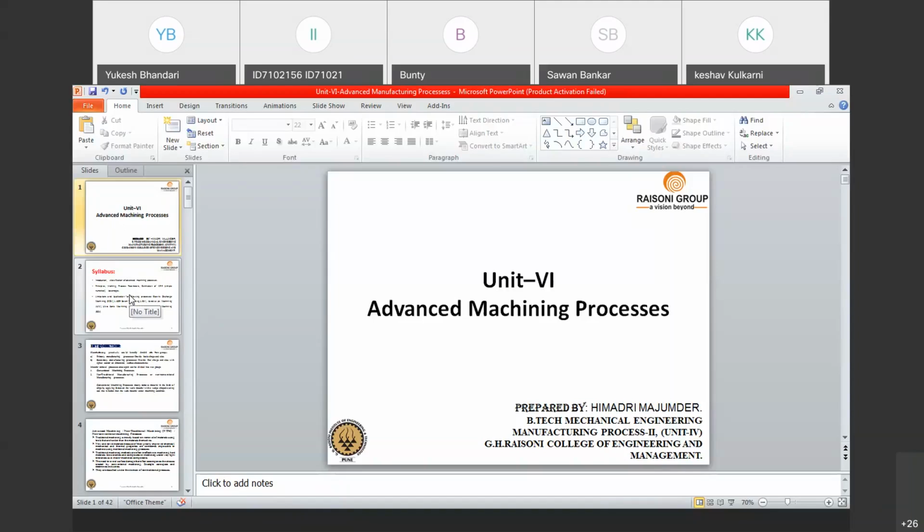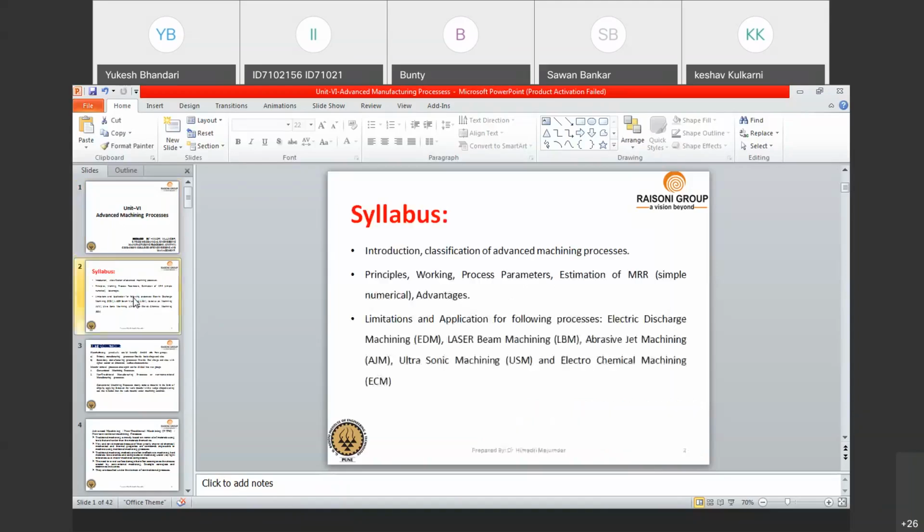Okay, today we'll start with our unit 6, which is advanced machining processes. Here we will see different advanced machining processes, and this is your syllabus. First, introduction and machining processes, its different classifications.